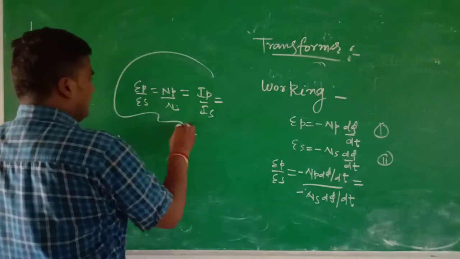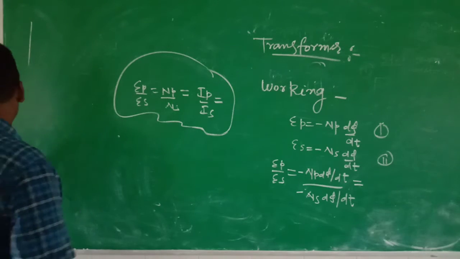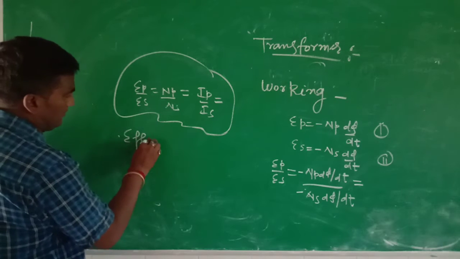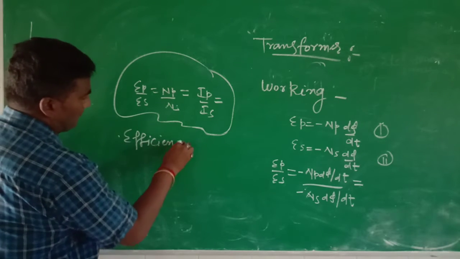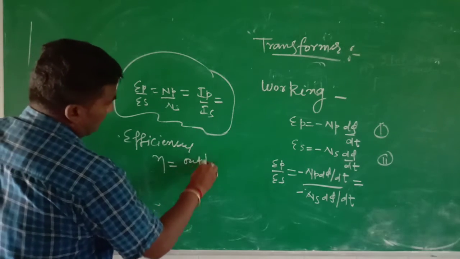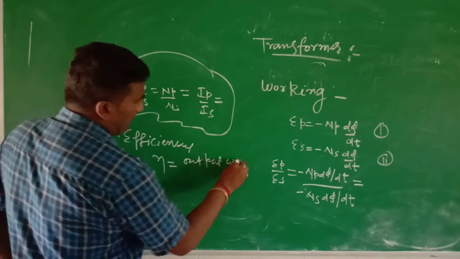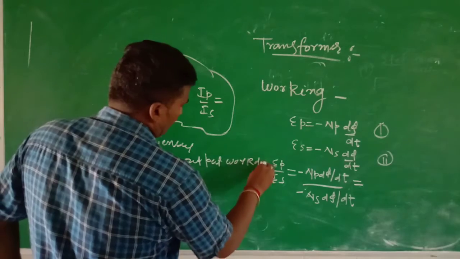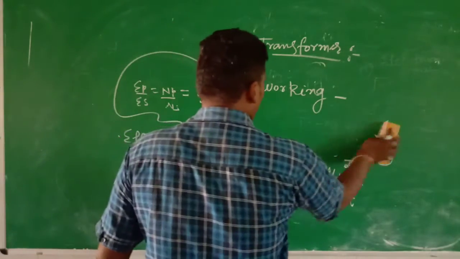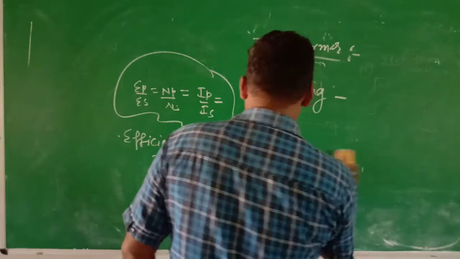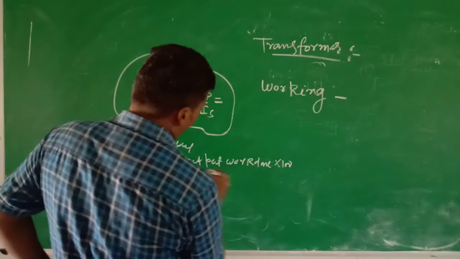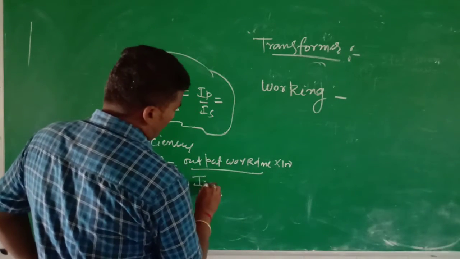That is basically the working of the transformer, and the efficiency of the transformer is eta is equal to output work done into 100 upon input work done.